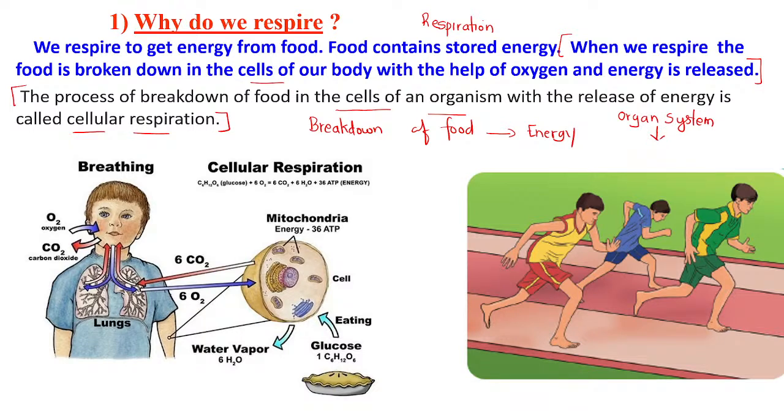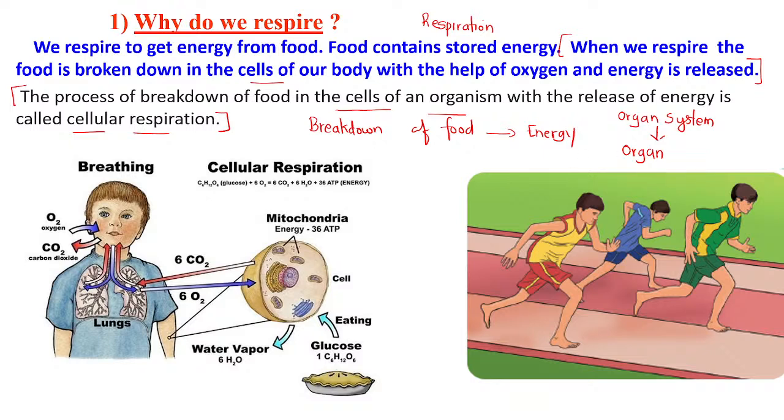Each of these organ systems is further made up of sub-parts called organs. For example, we have learned about the nutrition process and the digestive system. It comprises various organs like esophagus, stomach, large intestine, small intestine and so on.